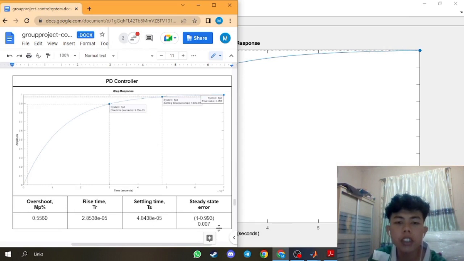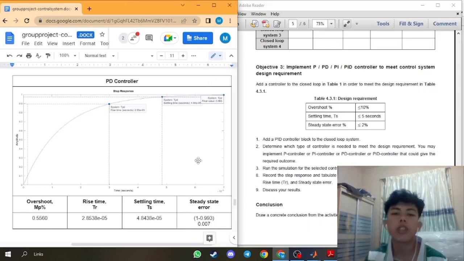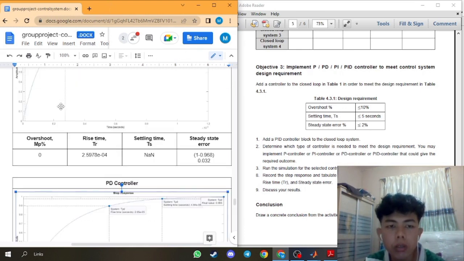So I get steady state error 0.007, settling time 4.8438, rise time 2.8538, and overshoot 0.5560. So based on the design requirement, the overshoot is good. Settling time is less than 5 seconds, so good, and steady state error is less than 2%. So the PD controller is good.